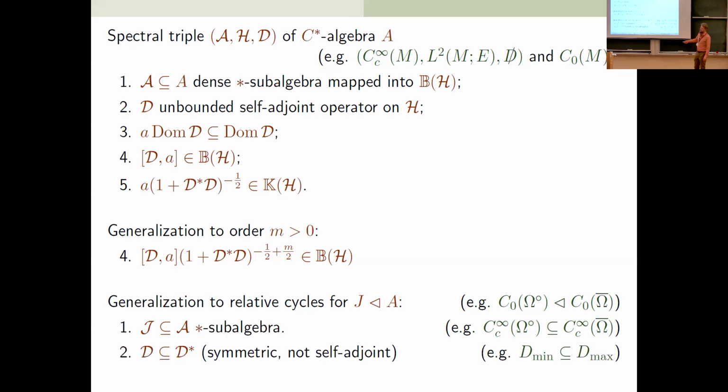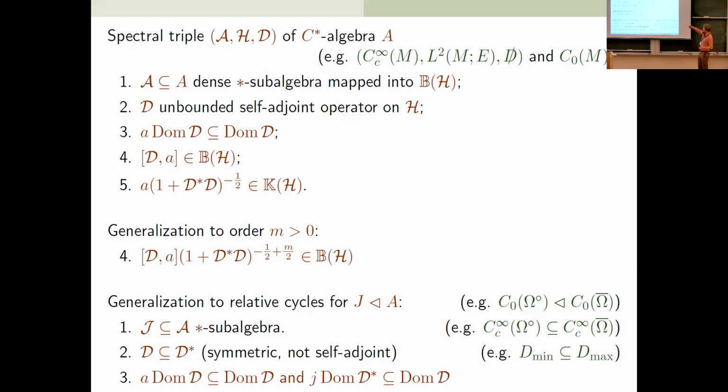Our operator will not be self-adjoint anymore, it will be symmetric. For differential operators, we think about the minimal extension and the maximal extension. The minimal is the closure of compactly supported smooth functions in the interior, and the maximal is the maximum amount of things that make sense in the L2 sense.